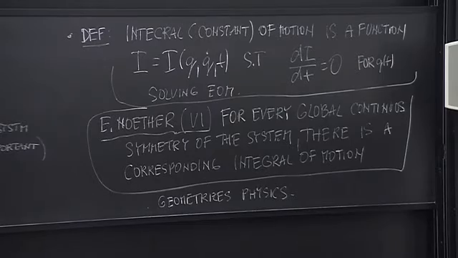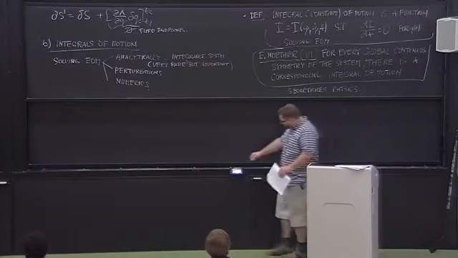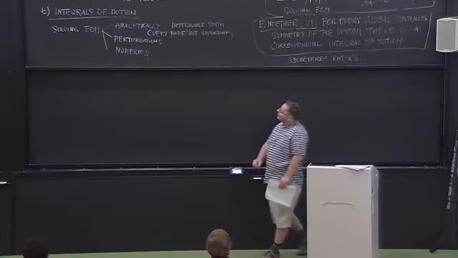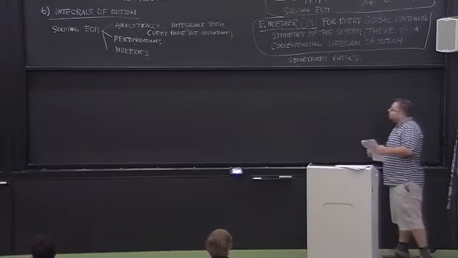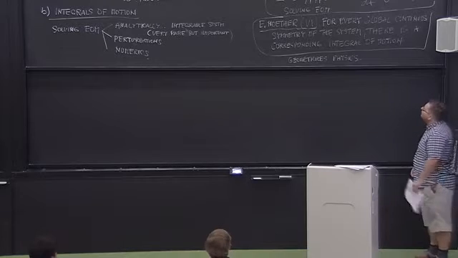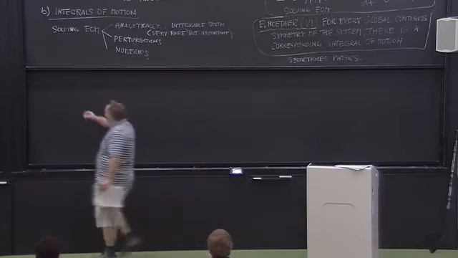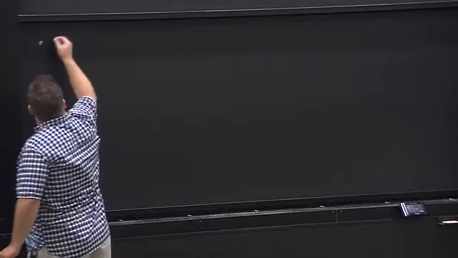It's a symmetry. So I will consider a very special class of these symmetries, which I'll write in a very confusing way. Okay. So whatever. Now, in order to understand this, what types of symmetries do we have?